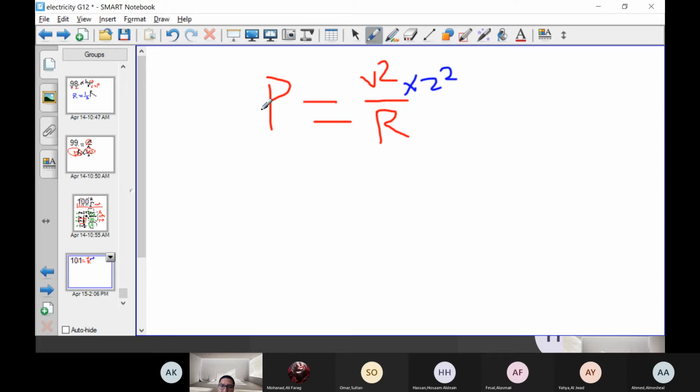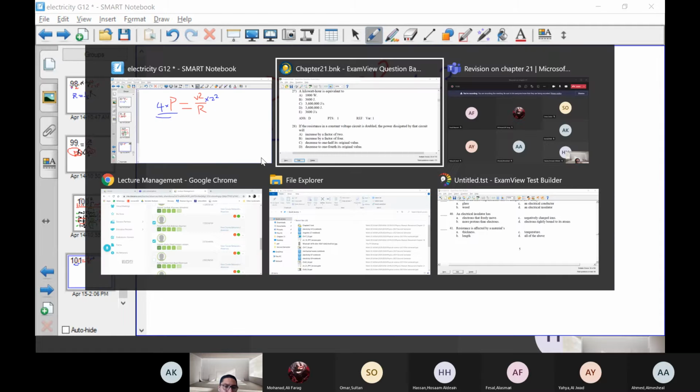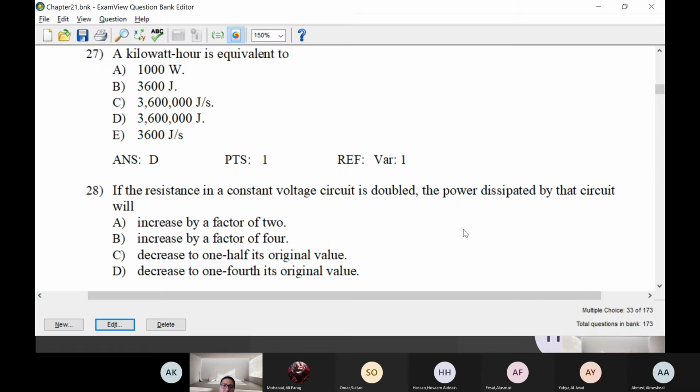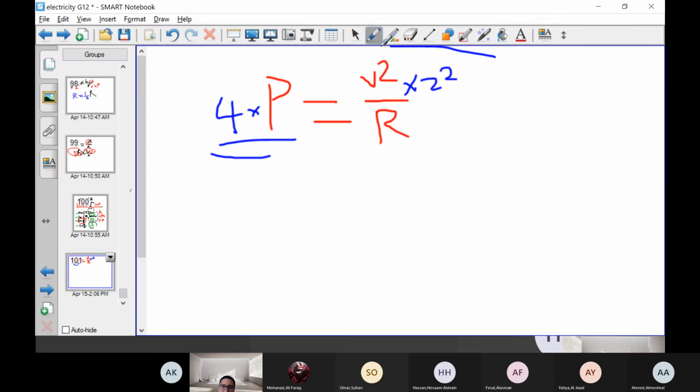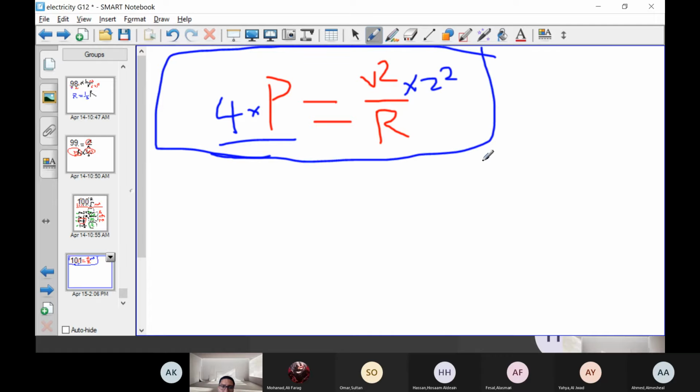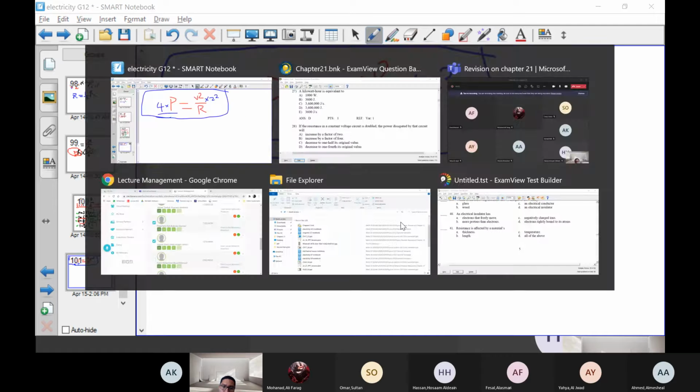So the new power will be 4 times the original power after changing the voltage to double. What was your choice, Hassan? You said factor 2 or factor 4? You said 2. So the answer is an increase by a factor of 4, not 2, depending on this relationship. Okay, guys, let me give you another question on that.